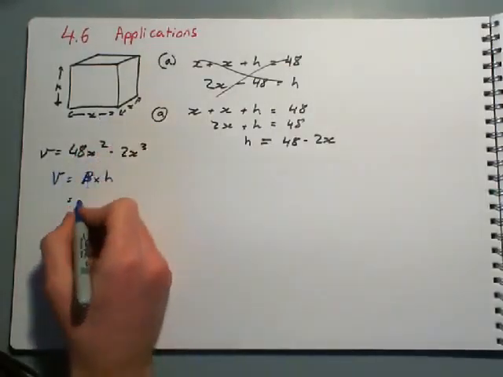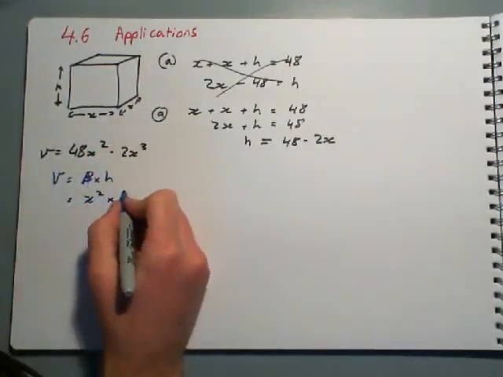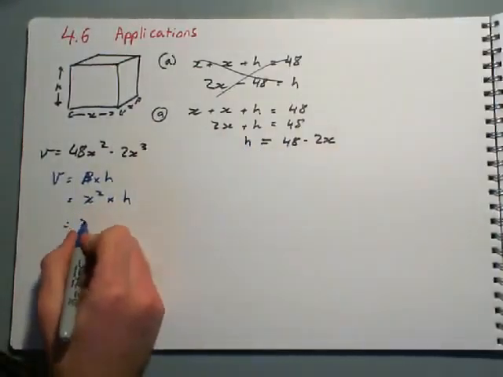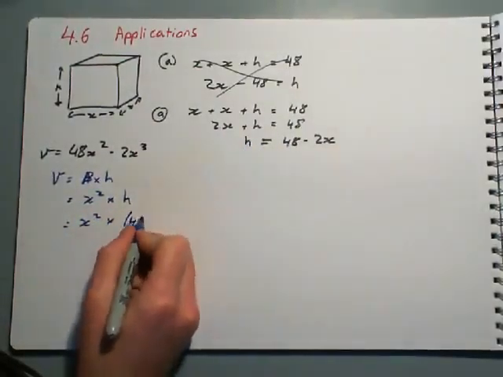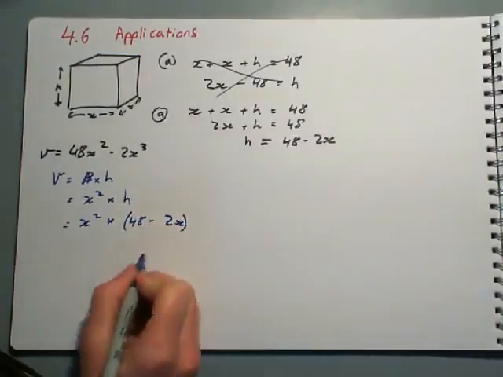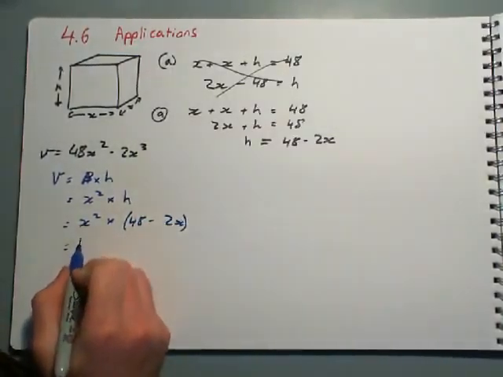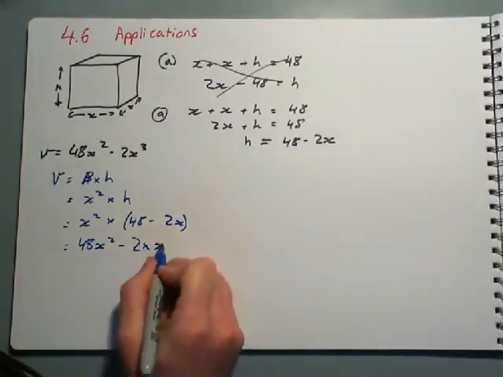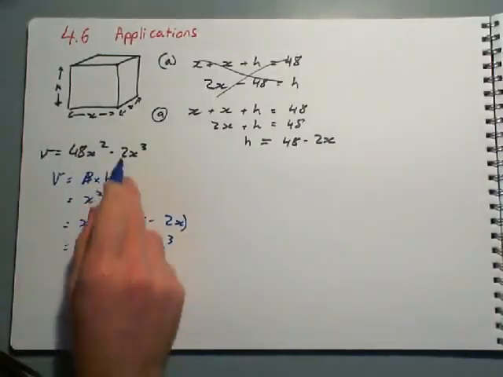The area of the base is x squared times the height. Now height is actually 48 take 2x. Expand the brackets, and you get 48x squared take 2x cubed, and that's what we have.